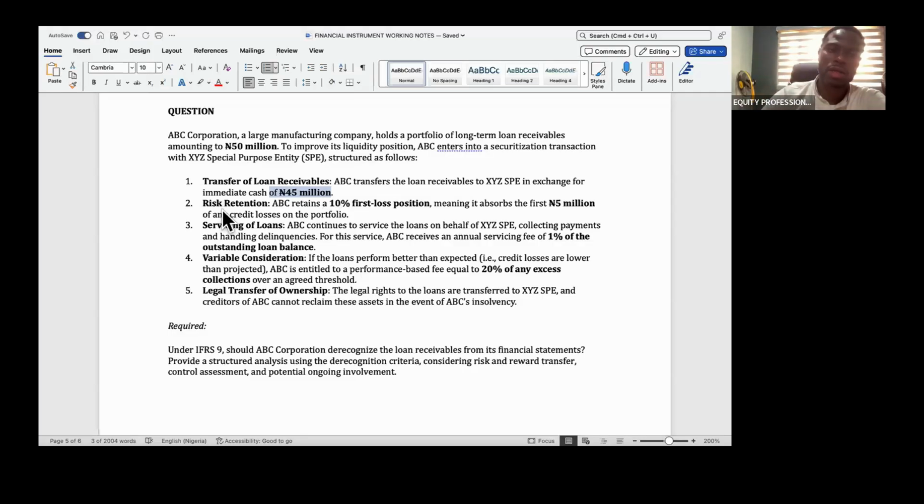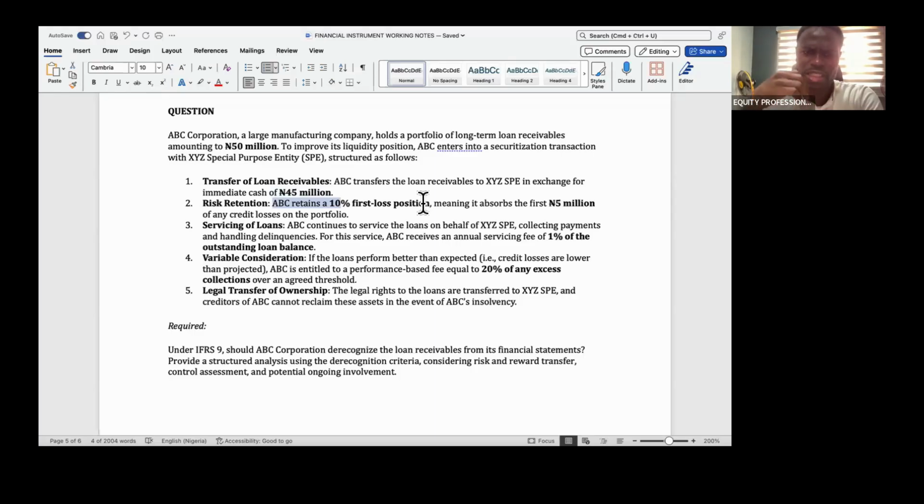Then risk retention. We're told that ABC retains a 10% first loss position, meaning it absorbs the first 5 million naira of any credit losses on the portfolio.